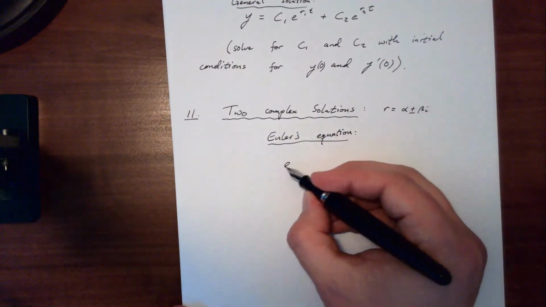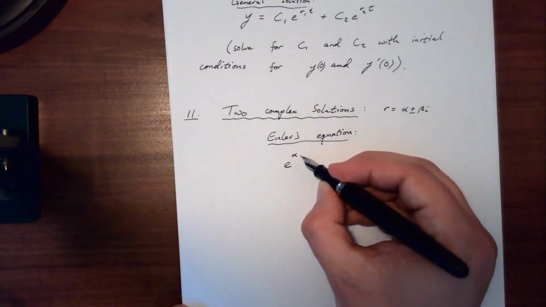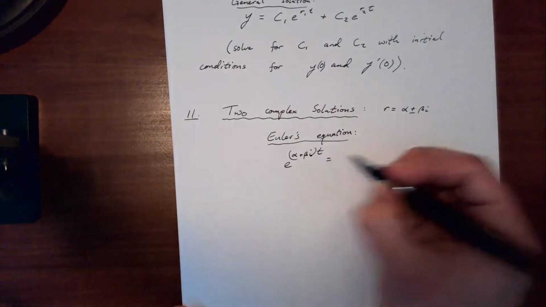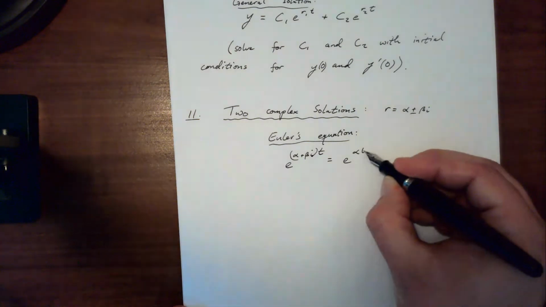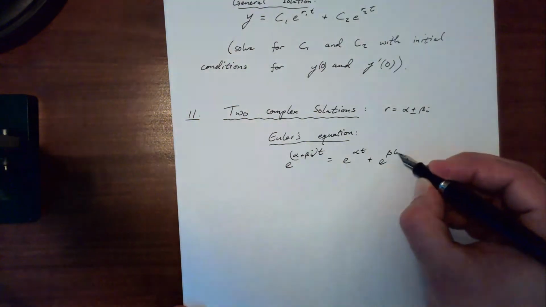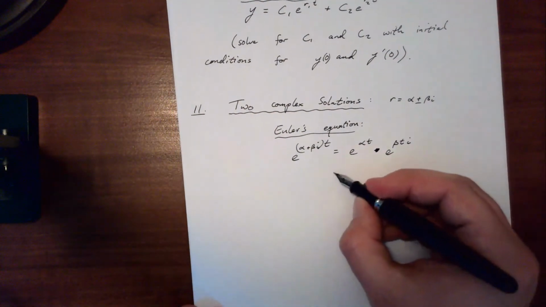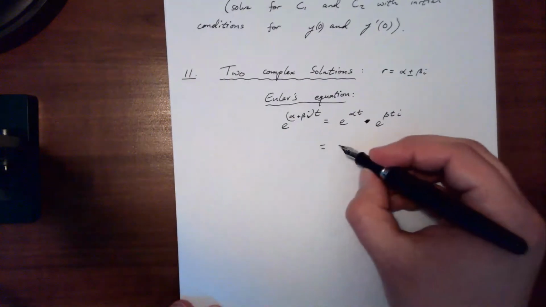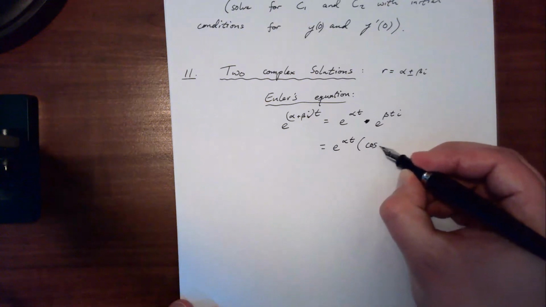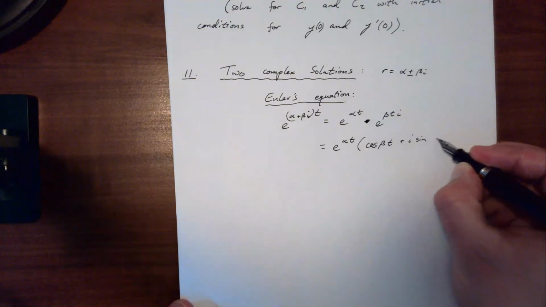So Euler's equation here, once again, is that e to the alpha plus beta i times t is equal to e to the alpha t times e to the beta t i, which is equal to e to the alpha t times cosine beta t plus i sine beta t.